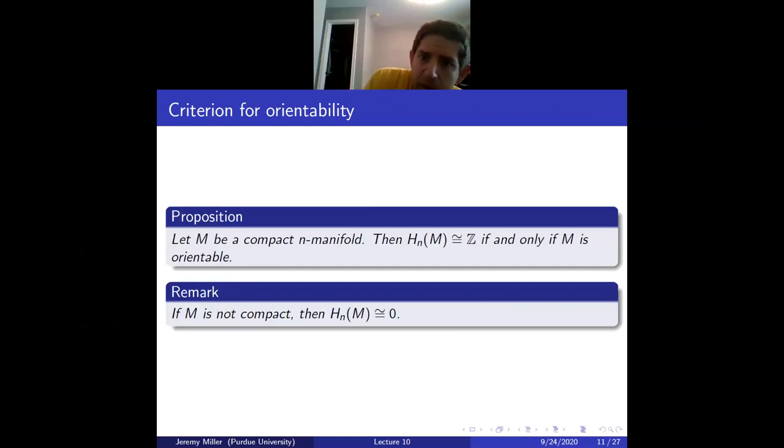A compact manifold is orientable if and only if the top homology group is Z. If the manifold is not compact, then the top homology is always 0. I forgot to say the manifold is connected here. Let's just assume the manifold's connected.